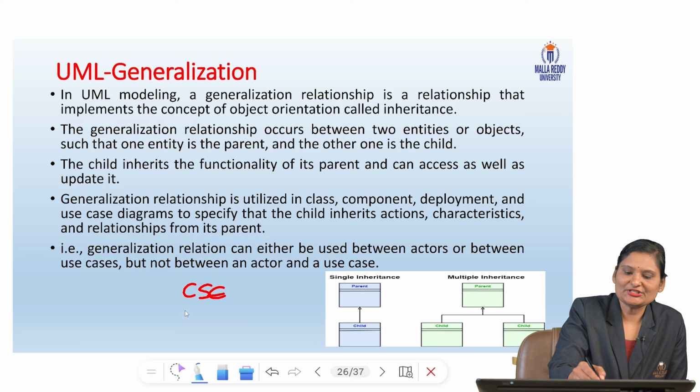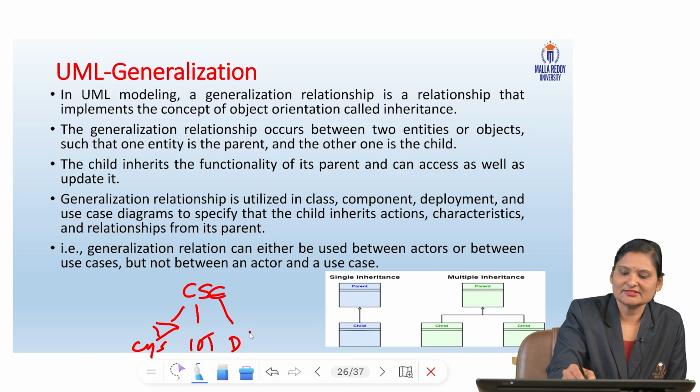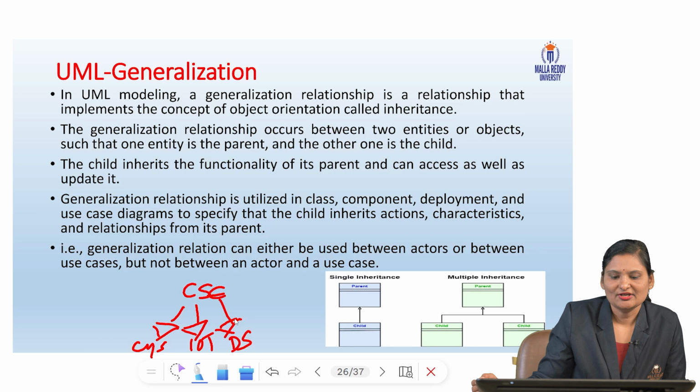For example, if we take courses, CSE is the course. What are the specialized courses in this? We represent them through this notation: cybersecurity is one specialized course, IoT is another, and data science is another. This notation represents specialization.